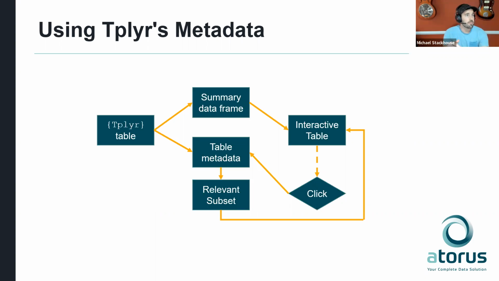By using metaprogramming and using the capabilities that we have in R, I'm saying, here's the information that you need, and get meta subset is actually going back to the source data and returning the filtered data to you on demand.